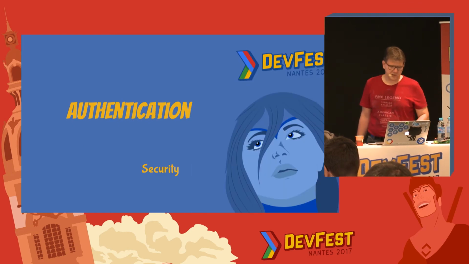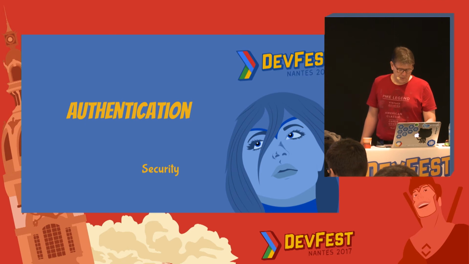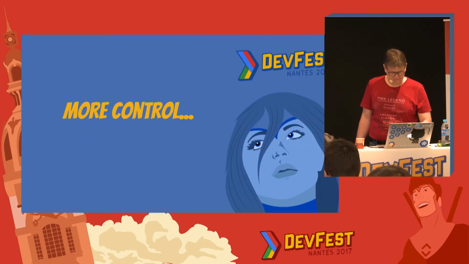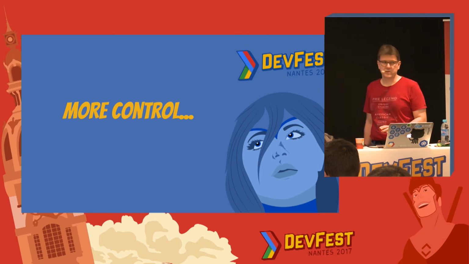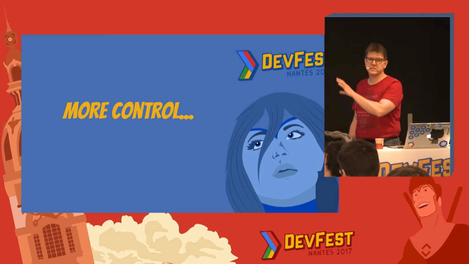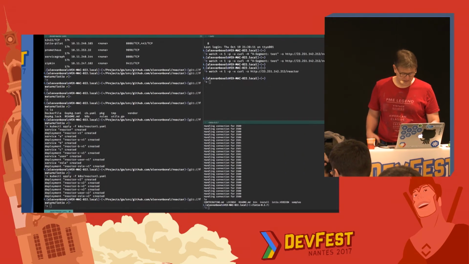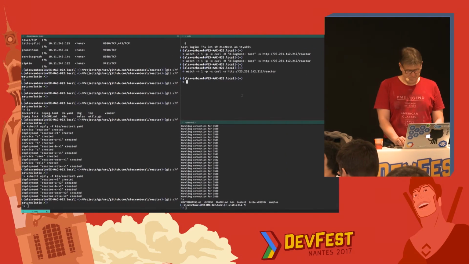And we're going to skip authentication because it's really early worlds. And you have a lot more control if you deep dive. But if you start with Istio, those are the things you can really play with in the beginning.